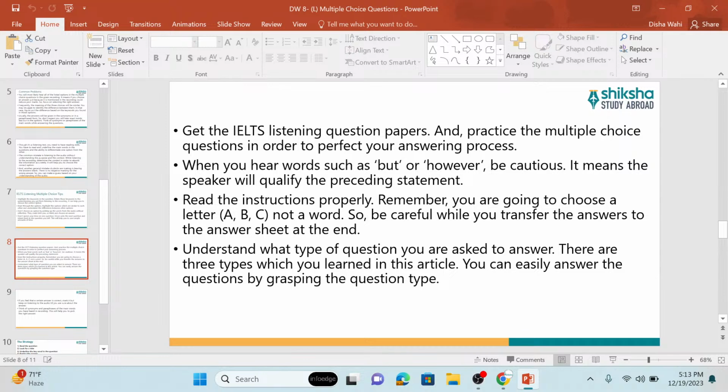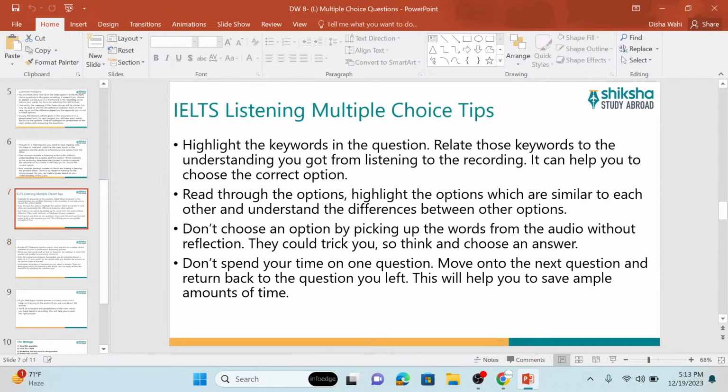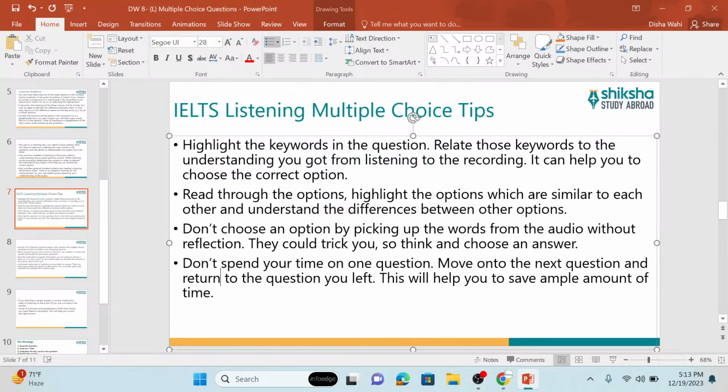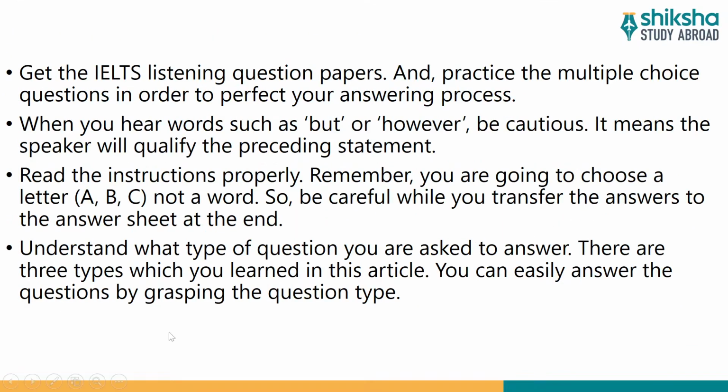Just a second, guys. Here is a small grammatical mistake which I am rectifying: there is nothing known as return back, so return is enough. Coming back to the next slide, the next step is to get the IELTS listening question paper and practice the multiple choice questions in order to perfect your answering process.